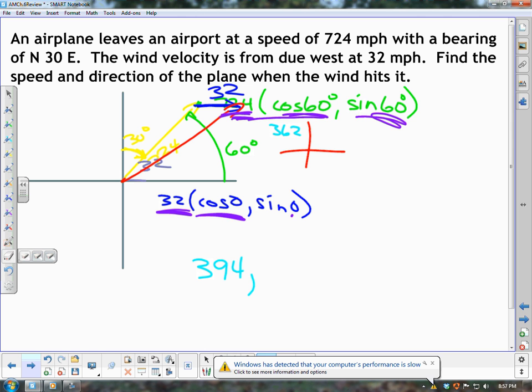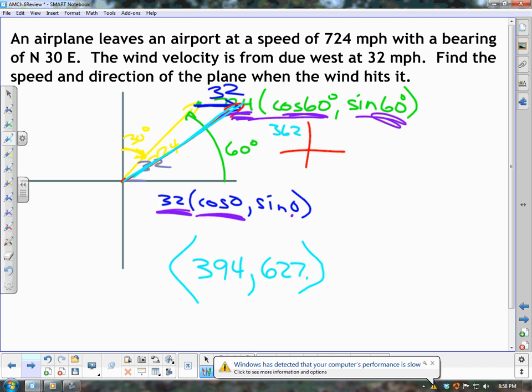And then if you take 724 times sine of 60 plus 32 sine of 0, you will get 627 point stuff. So this is your vector.